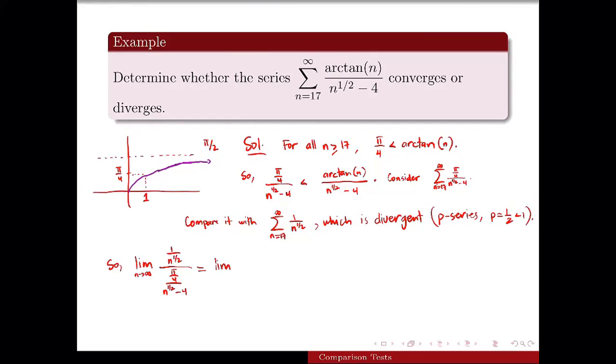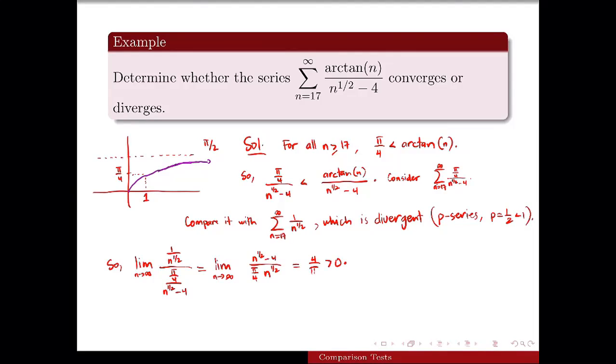So this is just the limit as n approaches plus infinity of n raised to 1/2 minus 4 divided by pi over 4 n raised to 1/2. And if you get the limit of this, you'll just get 4 over pi. And this is again a positive number.